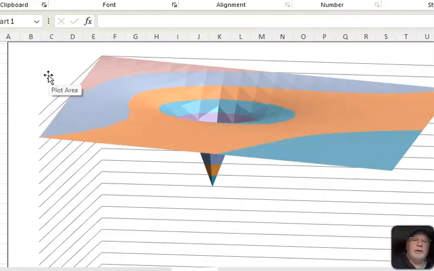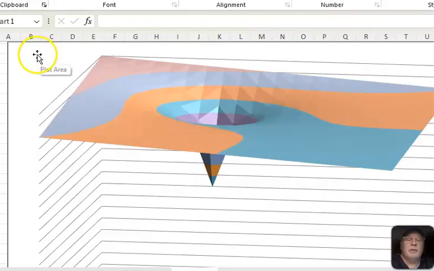I'm hitting F9 a whole bunch of times, but it eventually comes to equilibrium, and that's what it looks like. So this would be what the real thing would look like, and that process as it spread out, that's just an artifact of the iteration. We saw it over time, but once we get to the time-dependent part, that's what it would look like.